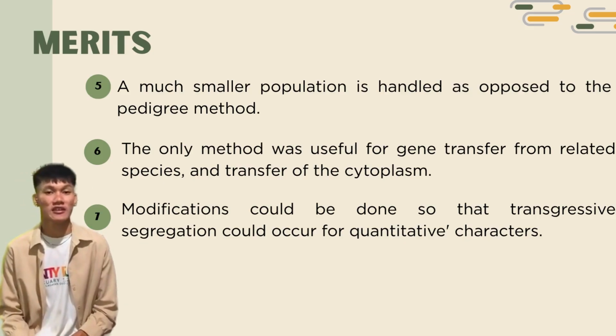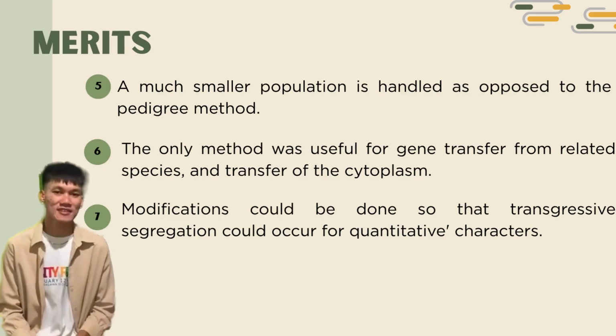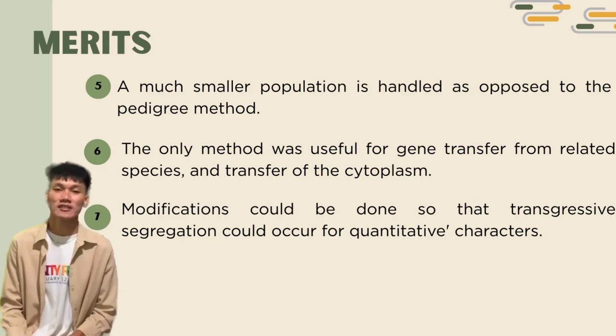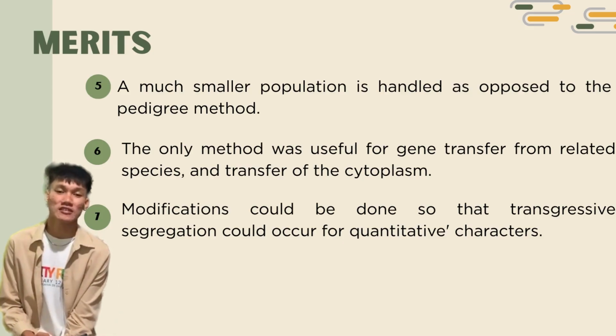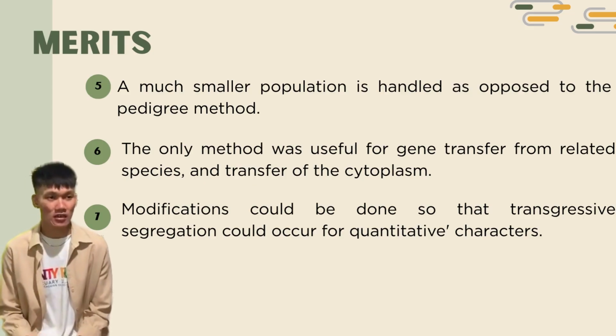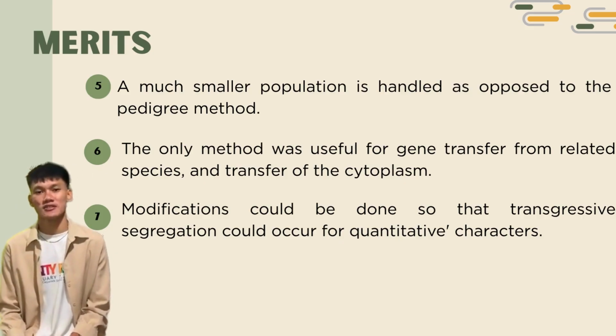And the sixth is the only method useful for gene transfer from related species and transfer of the cytoplasm. And lastly, the modification could be done so that transgressive segregation could occur for quantitative characteristics.